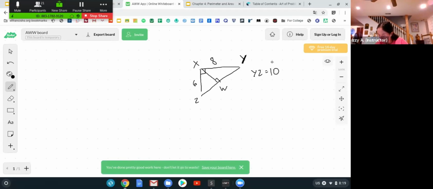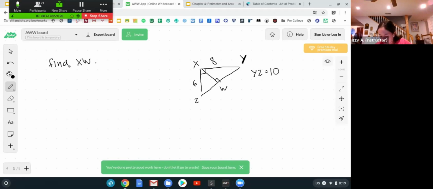And we want to find XW. This problem doesn't ask for area, and we need to find the length of XW instead. But we are going to use area to figure out what the length of XW is.